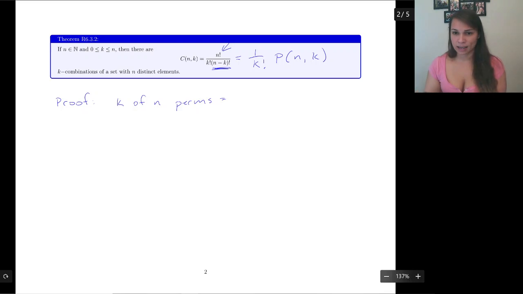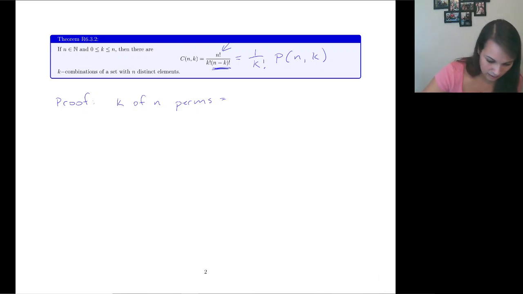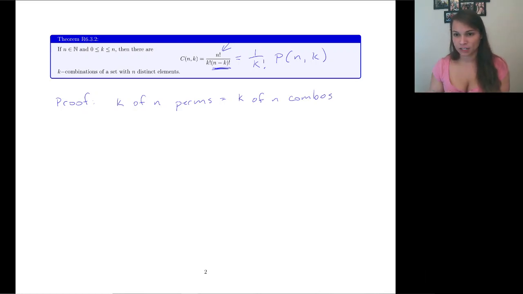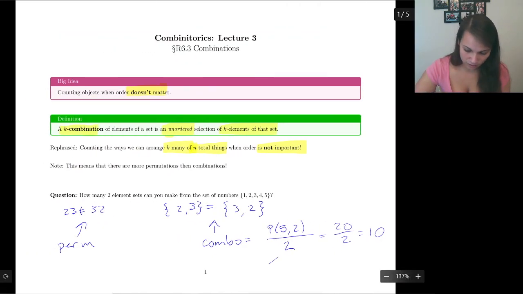so that means we're picking K of n elements, is going to be equal to the number of K of n combos. But remember, for those K elements that we're picking for each combination, each time we pick a combination, we have a permutation. We have a variety of ways to arrange it. Remember, we've overcounted in the permutation because order matters. So like over here, I said I have this many ways to arrange each of my sets of 2. Same thing over here.